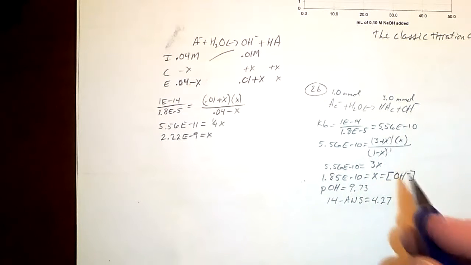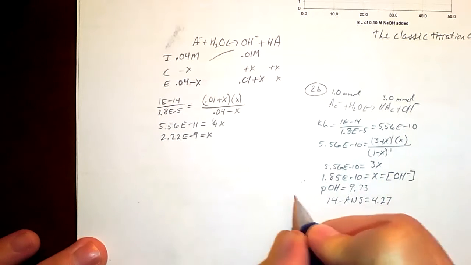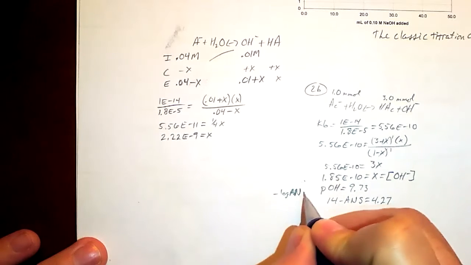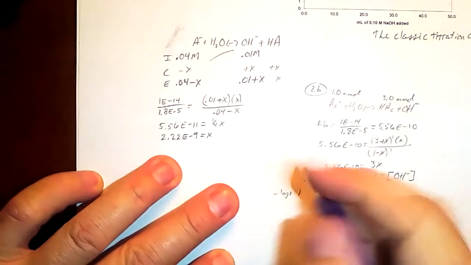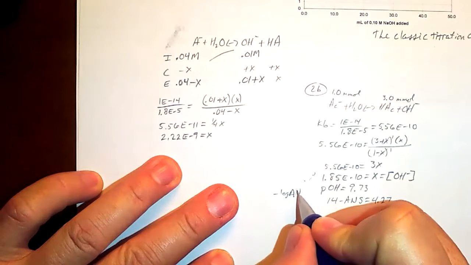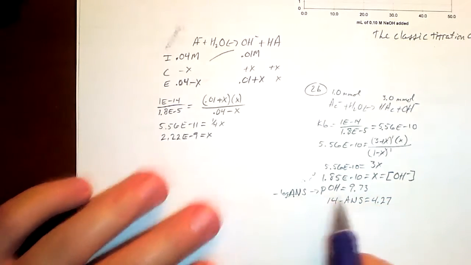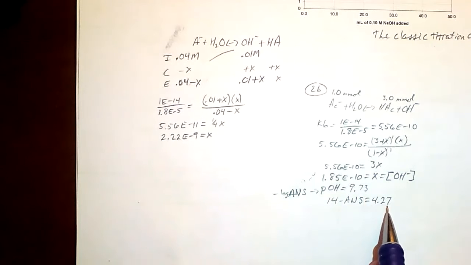So I took negative log of that answer. And I get pOH, and 14 minus that answer is 4.27. So close as to be essentially the same thing. You can solve it this way too.